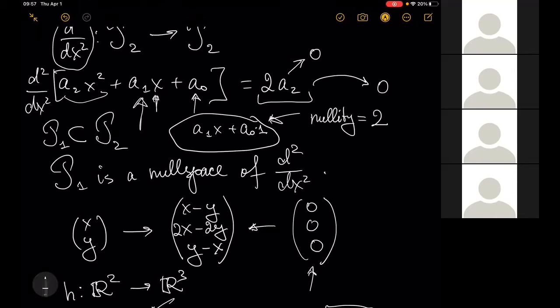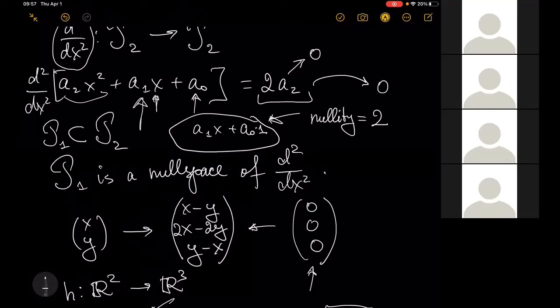Exactly. I mean, for example, x and 1. You know that the natural basis is convenient, but it's not necessarily the best basis to use, right? So is that a1x plus a0? That's our null space because we had to set a2 equal to 0. That's all we're left with in the original, right?